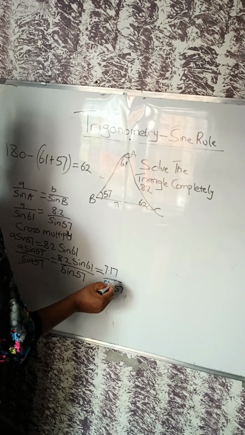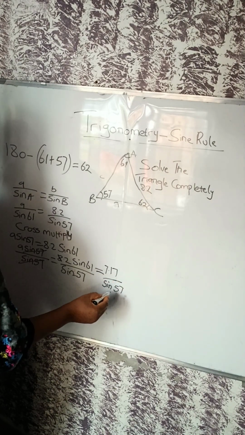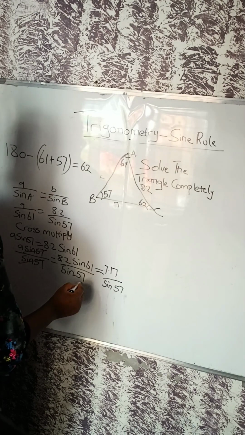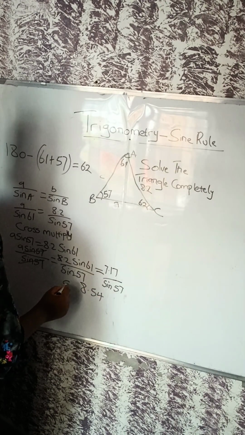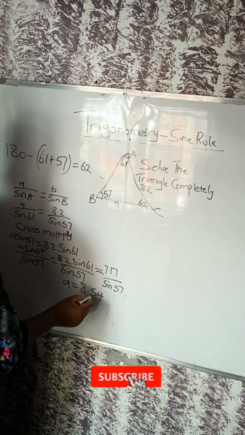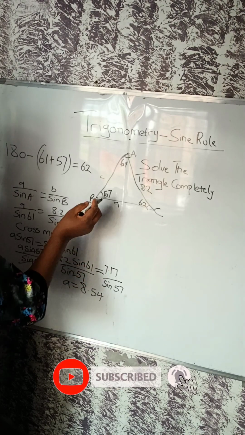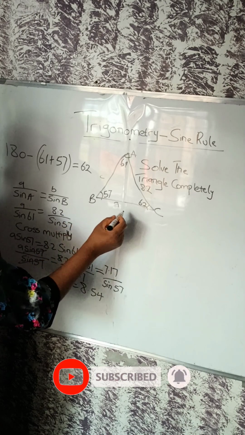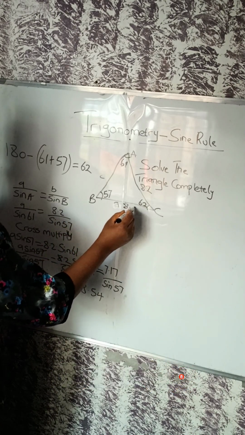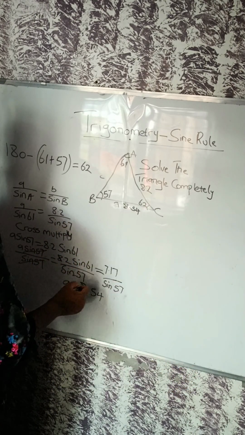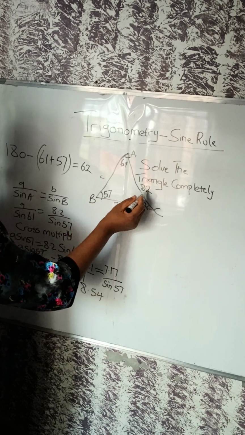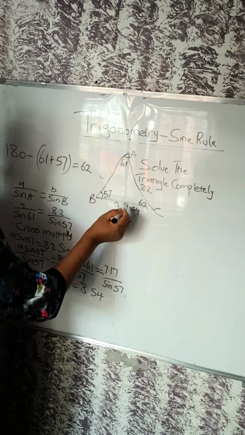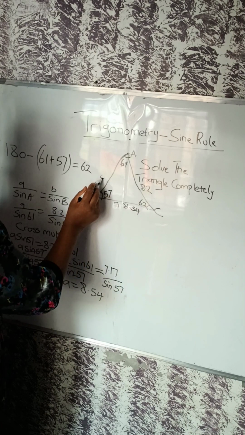So now 7.17 divided by sine 57 will give us 8.54. So this is our a. We found a, this side, which is 8.54. So we have our a, we have our b, complete. What is missing? The small c.